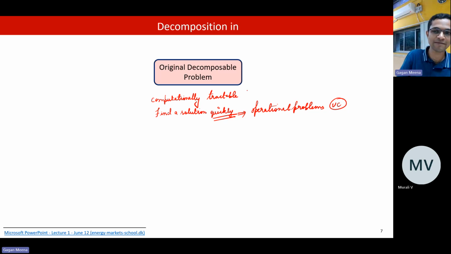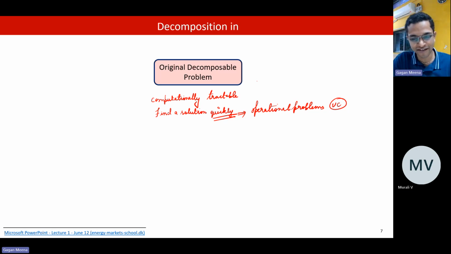For a planning problem, time matters less because we are planning for 10 years. Even if the problem takes, let's say, 5 days to solve, we can wait for that. But it's always good to reduce the time. Say we formulated the problem and solved it, and it took 5 days.